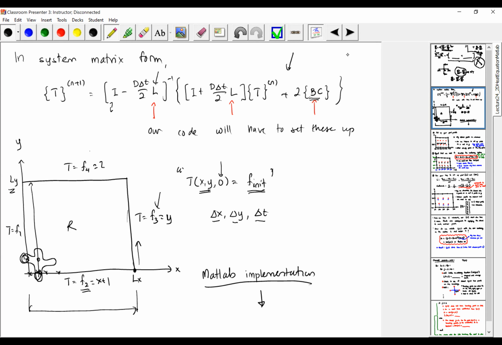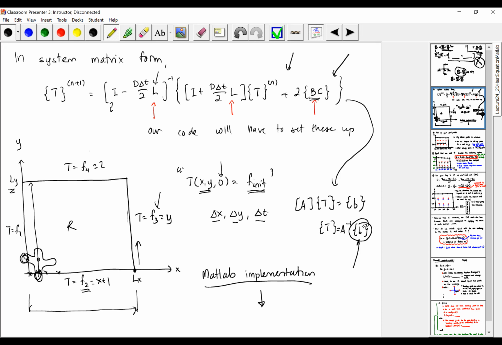This might look lengthy, but in very simple terms, effectively you have a matrix A times your column vector T equals a right hand side B. So to find your T is just the inverse of A times B. All the boundary conditions for each row, you are going to sum up into your column vector here. This might not be clear at this moment, but let me go through the Matlab code. Hopefully that will be clearer to you.